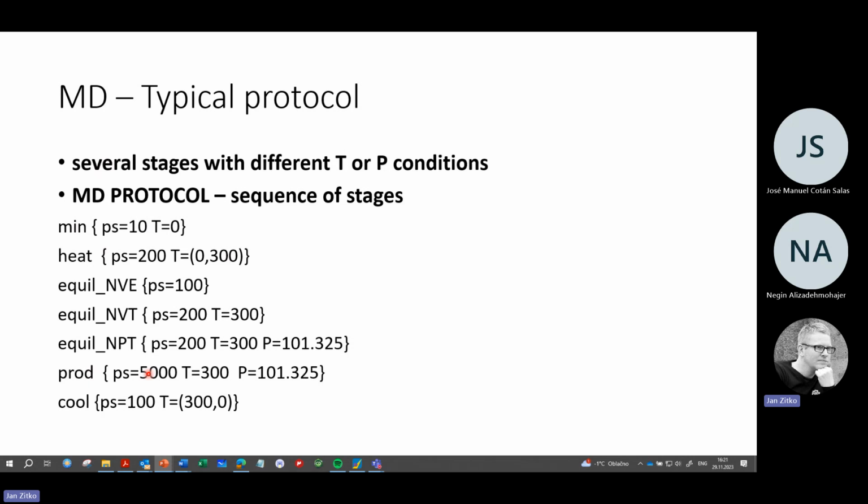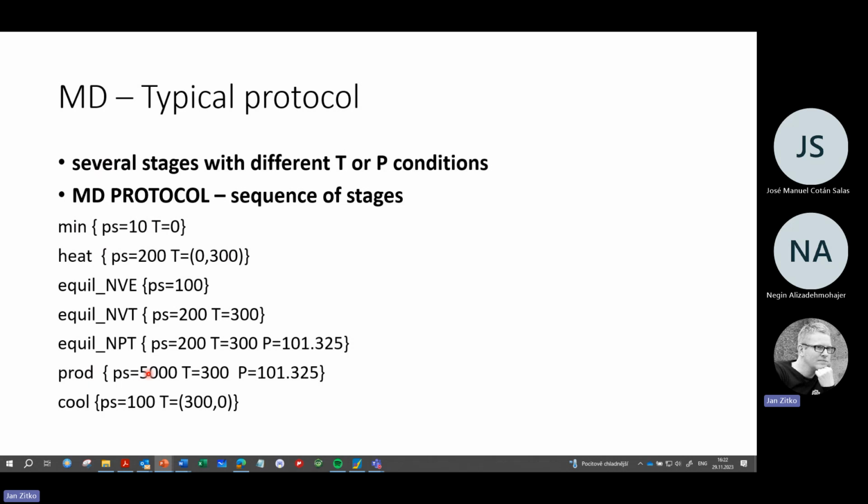Just talking about the trajectories, one can imagine that they can be very huge files. If you have tens of thousands of atoms and you have to record the position of each one, I don't know if you ever had a look when you downloaded, for example, a PDB file from the PDB database. It usually has a few hundred kilobytes. But imagine that you have to multiply this for each frame.